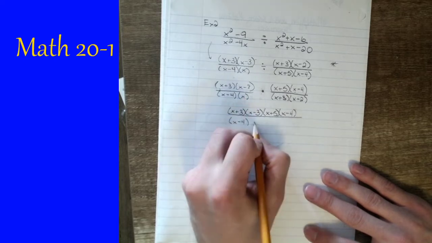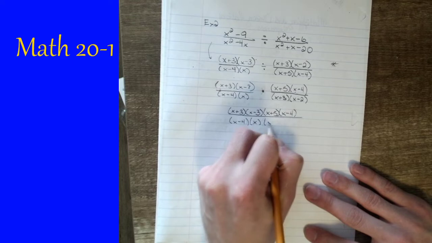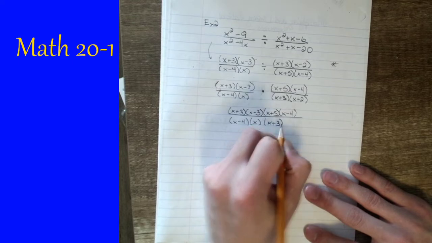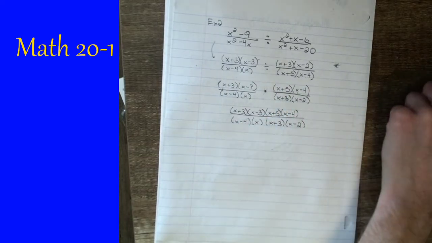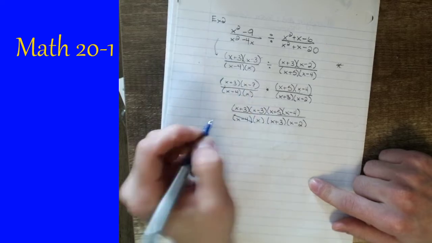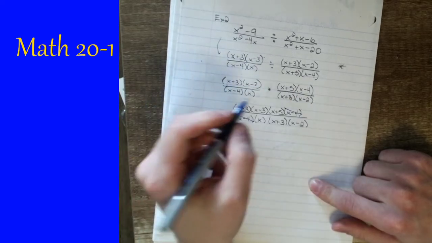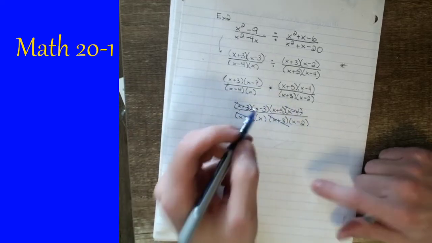And x on the bottom as well, so we'll put that there. X plus 3 on the top, and x minus 2. And so now I'll begin to look for things that can cancel out. So x minus 4, like I said, x plus 3, and I think that's everything.